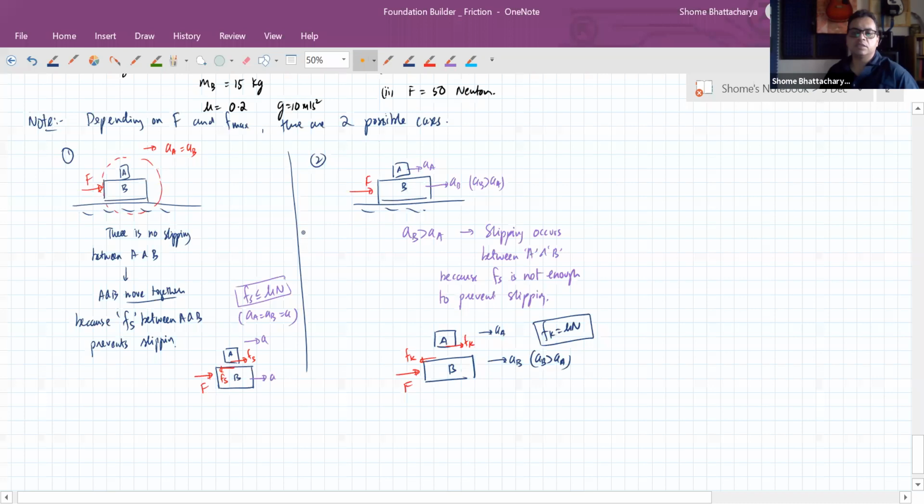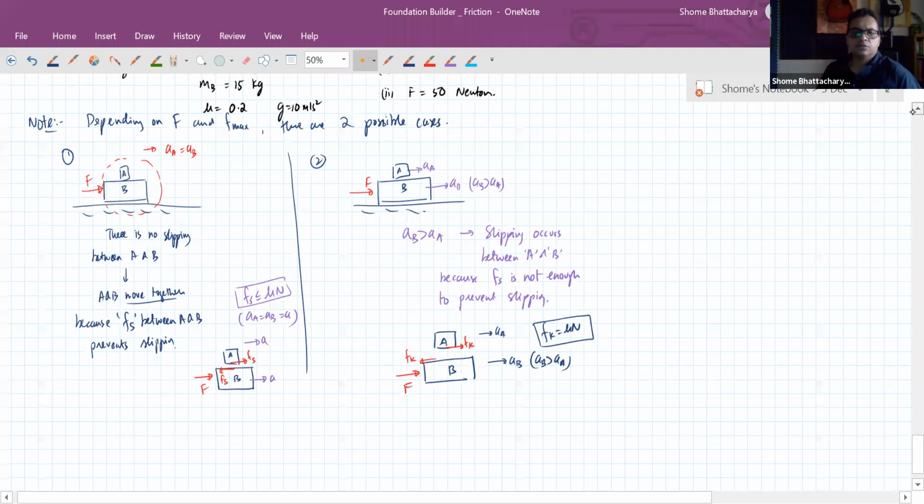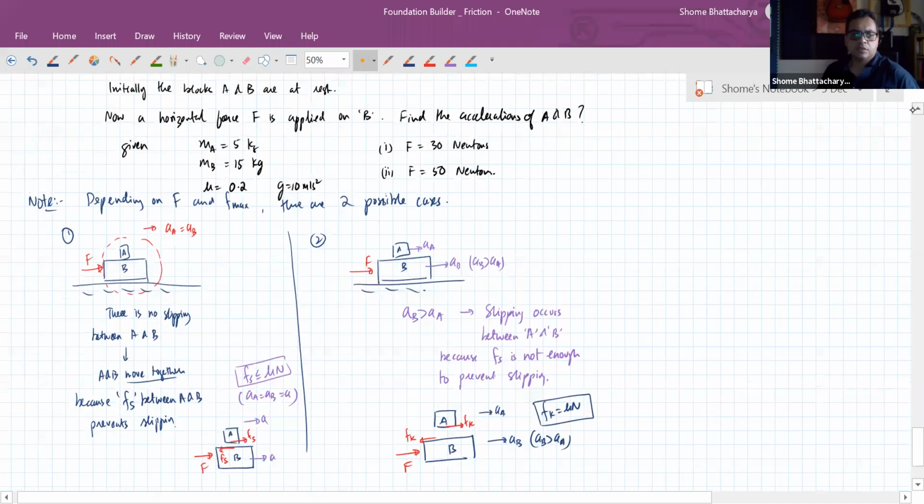And those possible cases are these things. So we have to determine which of the two cases is occurring. Okay. So just take this down first, then we'll discuss again which is happening where.